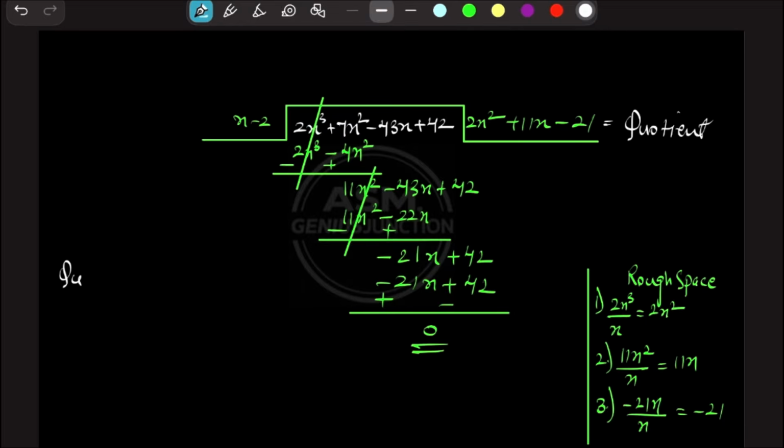So the quotient is 2x square plus 11x minus 21. Let's factorize this. So I need two numbers whose product is minus 42, and when I add them I can get 11. So I can write it over here.